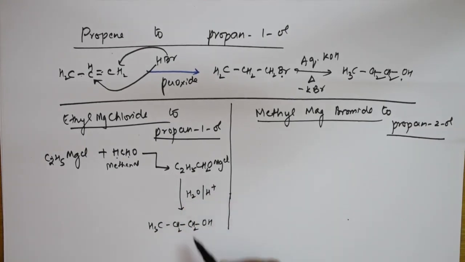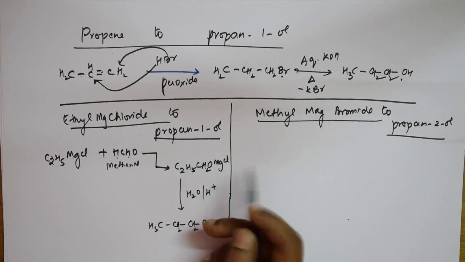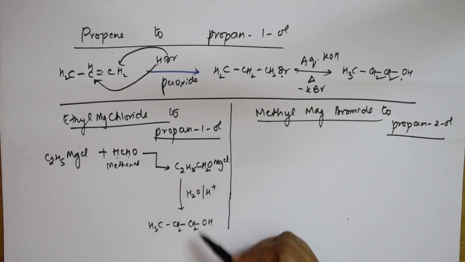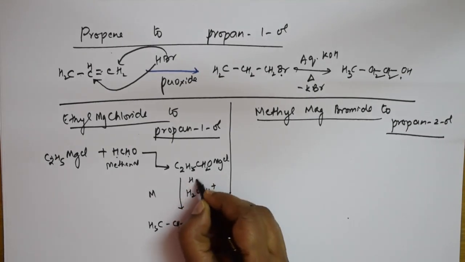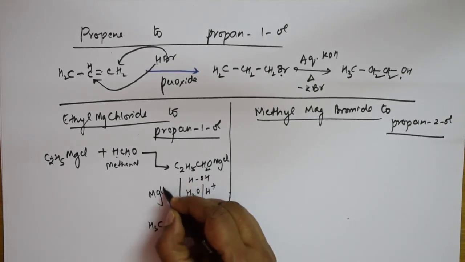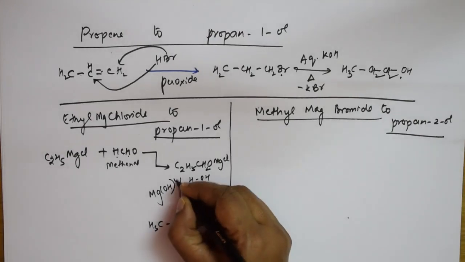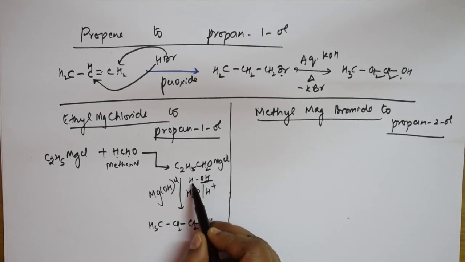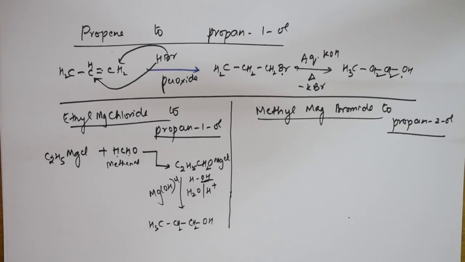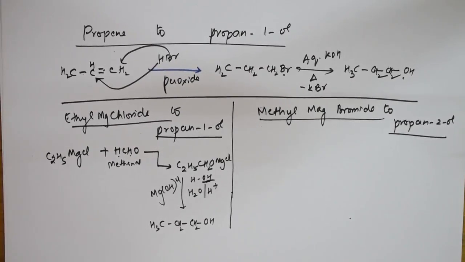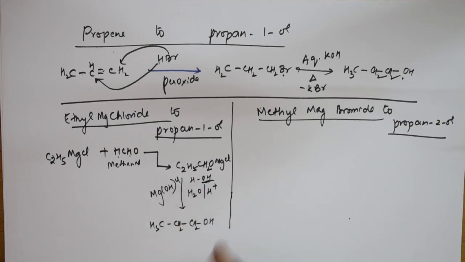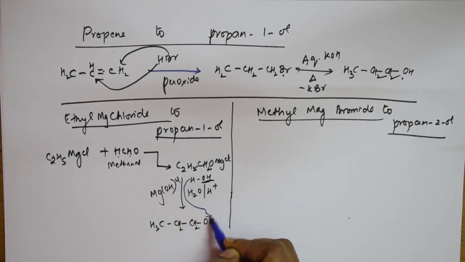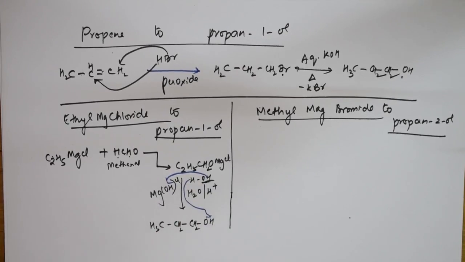Then magnesium chloride will come, this will break up into MgOHCl, and H adds here. So this is your compound. Already oxygen is here, H comes and adds to this, and OH goes and adds to the Mg. This is your conversion.